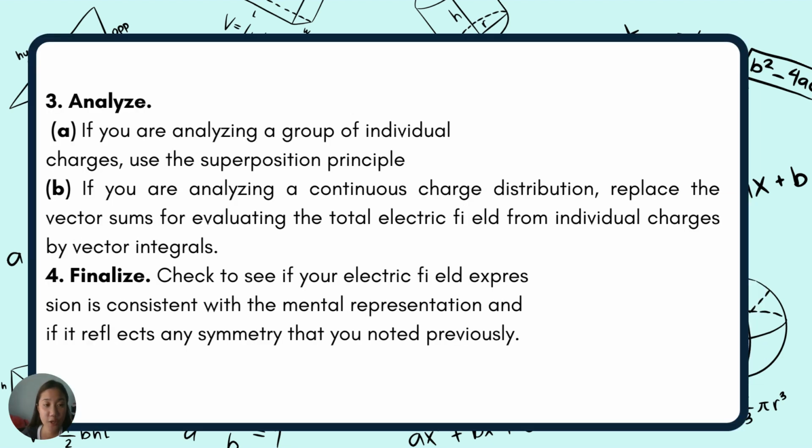A, if you are analyzing a group of individual charges, use the superposition principle. When several point charges are present, the resultant field at a point in space is the vector sum of the individual fields due to the individual charges.